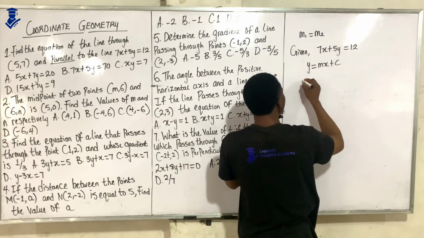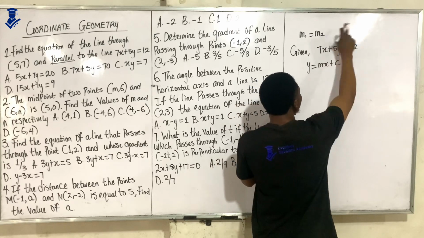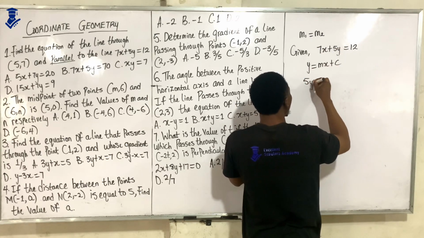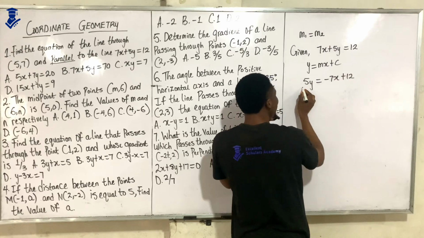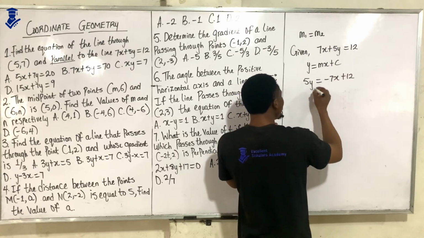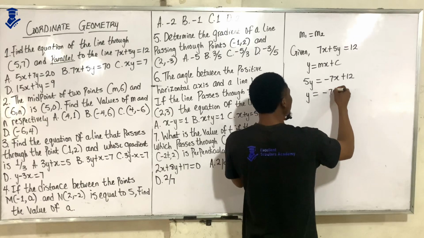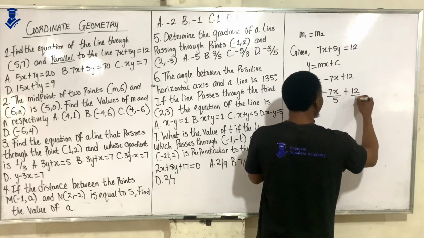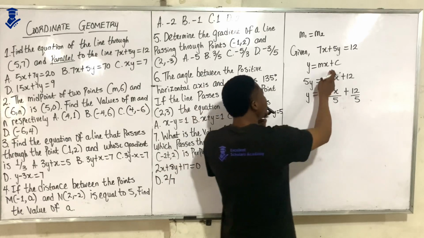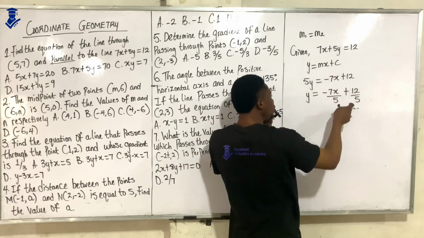Leave 5y here, take 7x over, it becomes 5y is equal to minus 7x plus 12. Now divide through by 5. It becomes y is equal to minus 7x over 5 plus 12 over 5. So we now have this in the form y is equal to mx plus c.